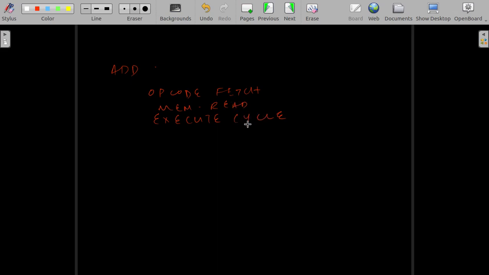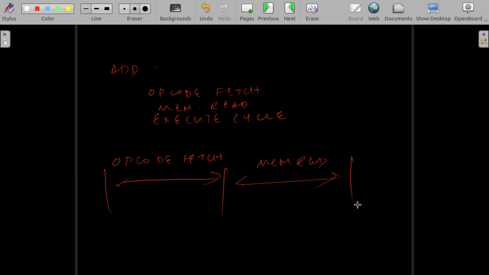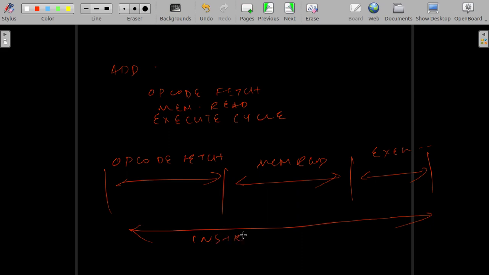So your first machine cycle will be an opcode fetch, then there can be a memory read, followed by some other execution part. Basically, you concatenate different machine cycles one after the other to create a complete instruction cycle.